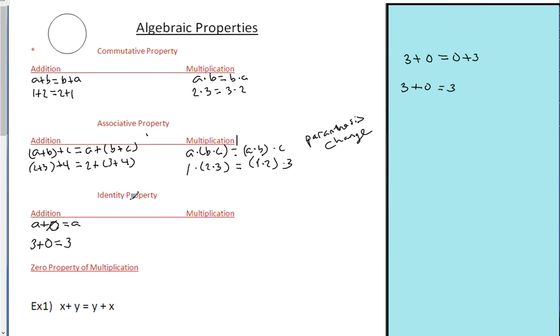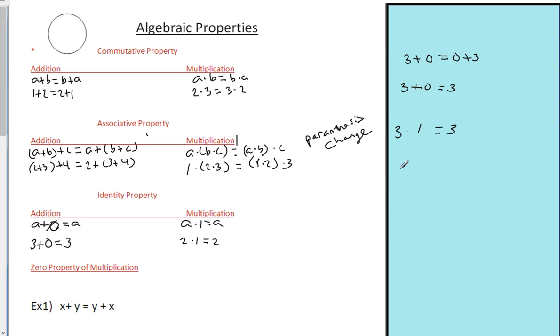Also, we have the identity property of multiplication. So let's try that with multiplication. 3 times what is equal to 3? Oh, 1. And that's what the identity property of multiplication is. A times 1 is equal to A. Or 2 times 1 is equal to 2.